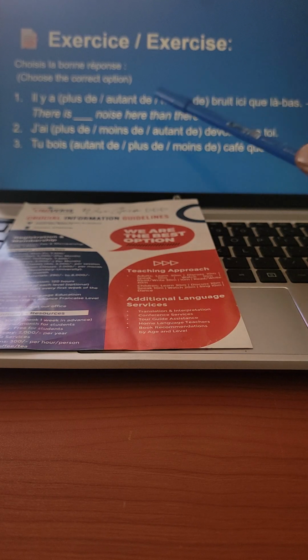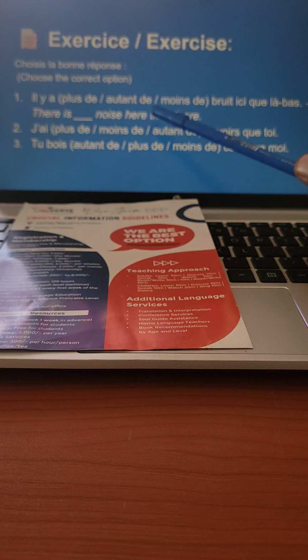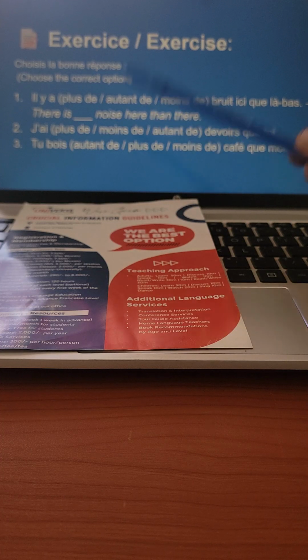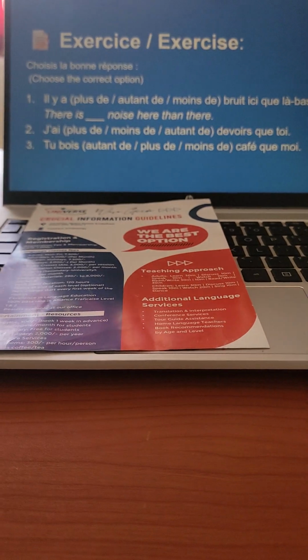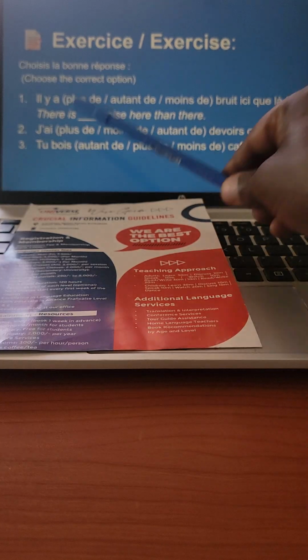So you can say, il y a plus de bruit ici que là-bas. Il y a autant de bruit ici que là-bas. Il y a moins de bruit ici que là-bas. Everything is okay. It's possible. Depends on what you want to say as compared to that noise.